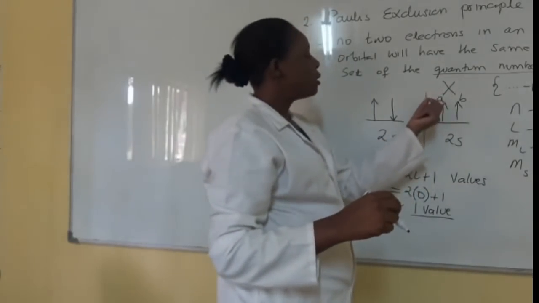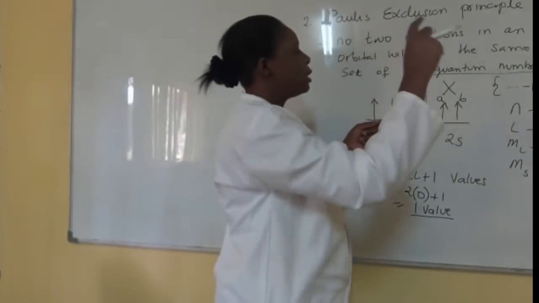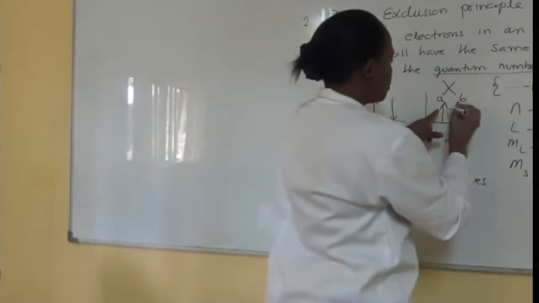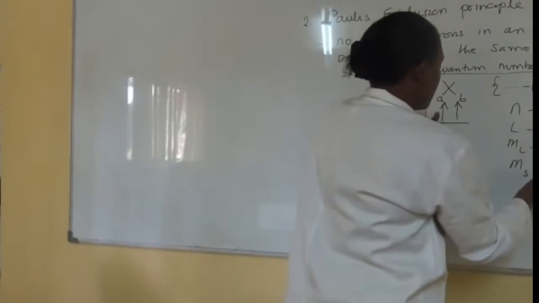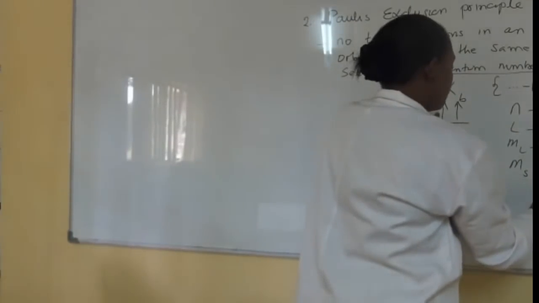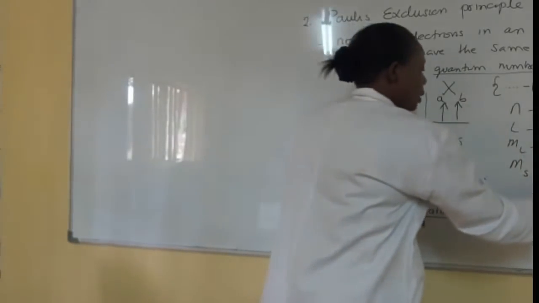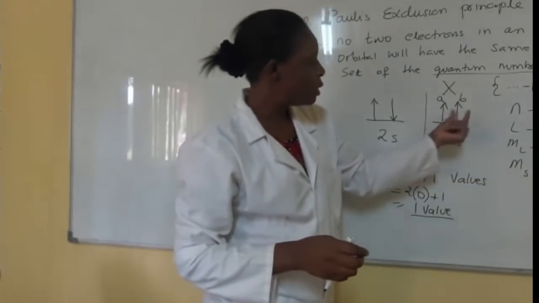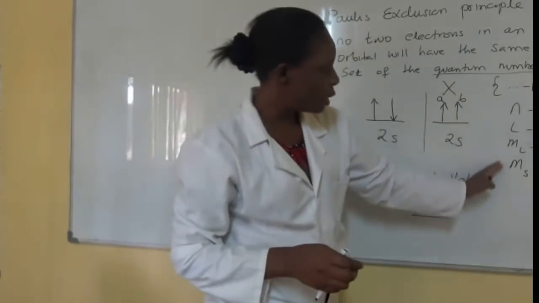Since both of these are pointing upwards, meaning they are pointing in the clockwise direction, electron A has positive half, electron B has positive half. So you see that this is the same set.